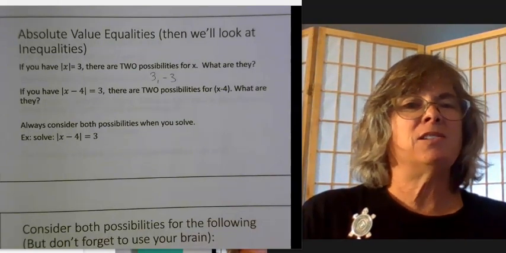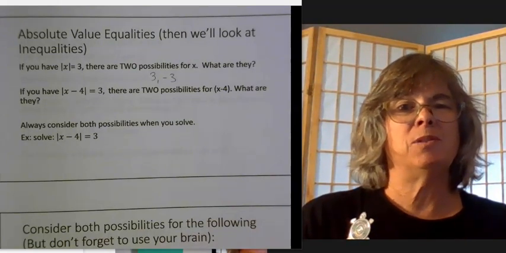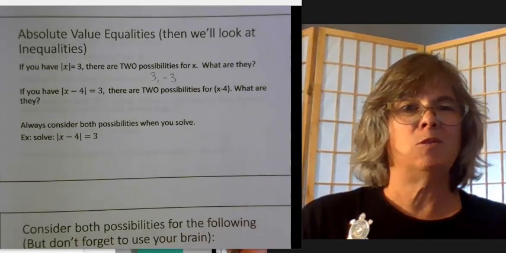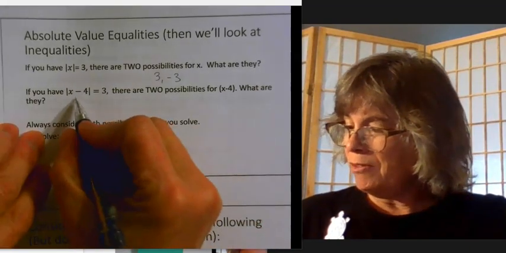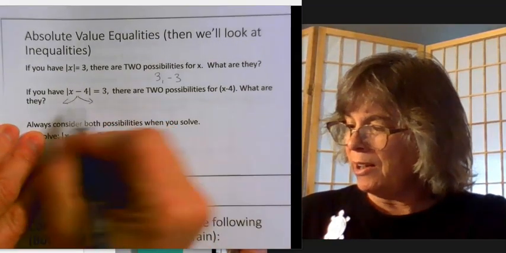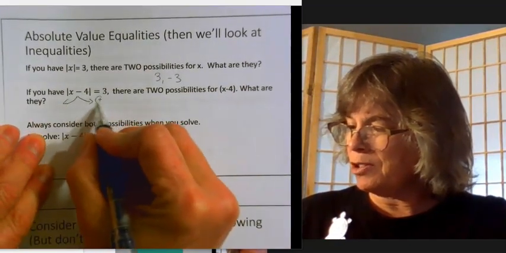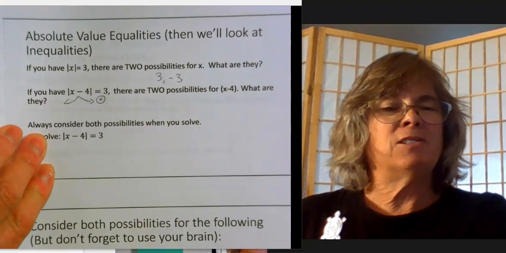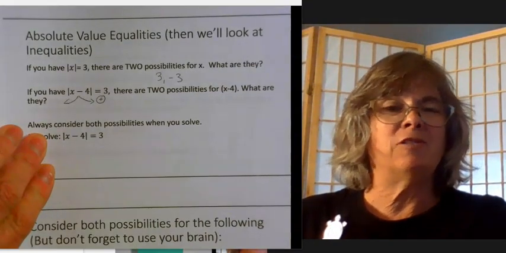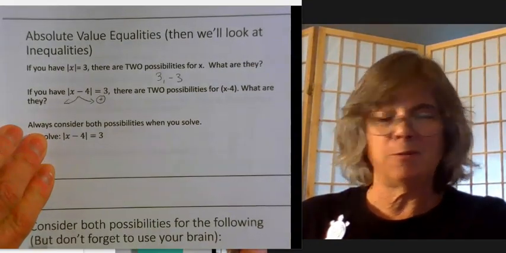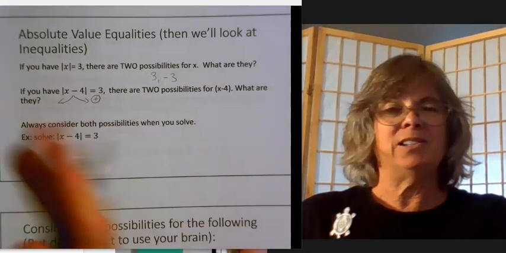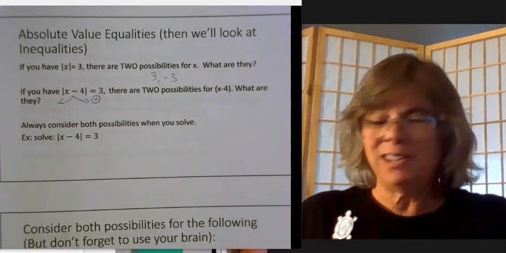So if you have the absolute value of x minus 4 equals 3, there are 2 possibilities for x minus 4. One of them is, and I like to put a positive version, that if x minus 4 is positive, or if x minus 4 is greater than 0, then when I take away the absolute value signs, I leave it the same.